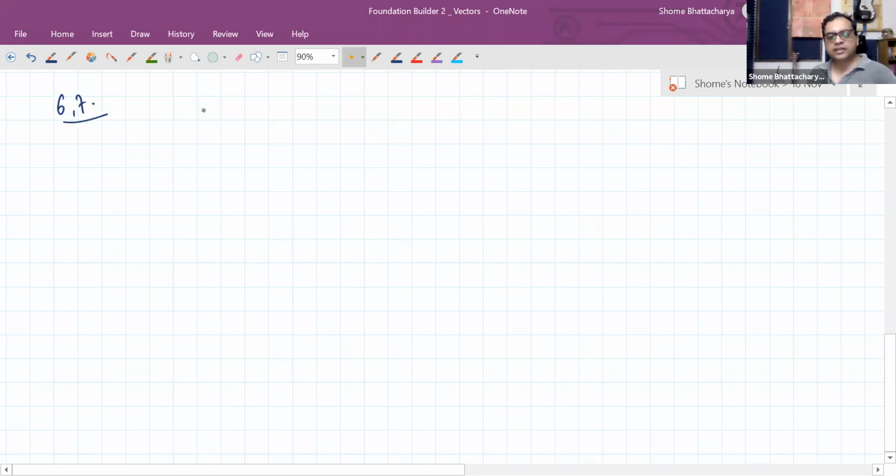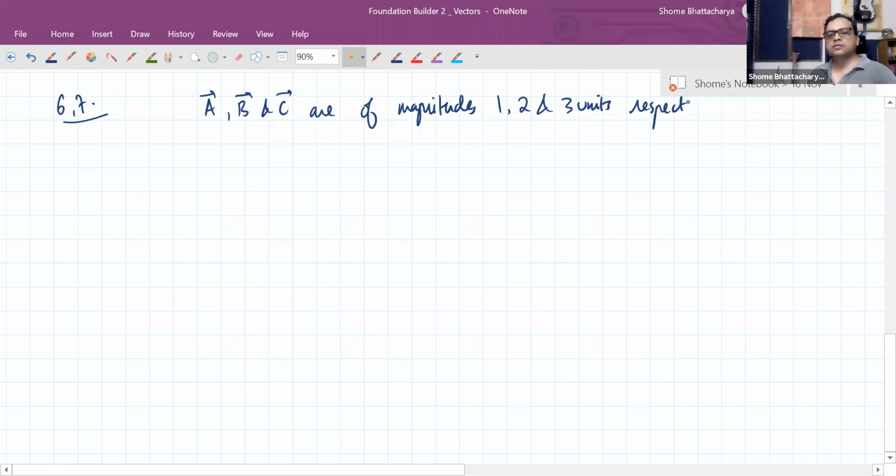It says that we have three vectors, let's say A, B, and C, of magnitudes 1, 2, and 3 units respectively, and are along the consecutive sides of an equilateral triangle.